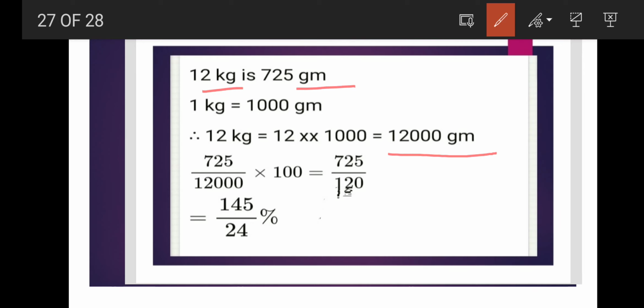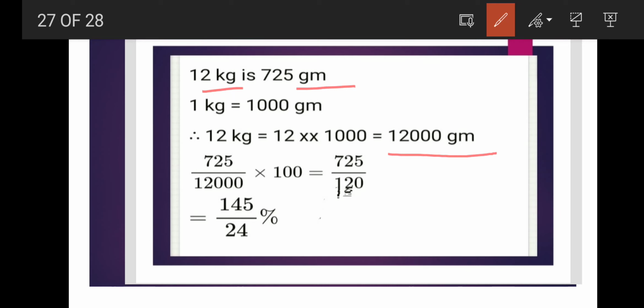Now we'll do the calculation. So 725 divided by 12,000 into 100, and so your answer is 145 by 24%, and you can convert it in the mixed fraction also. Clear? You know how to convert it in the mixed fraction. It is not difficult for you. Because many times you have done this type of conversion, isn't it?